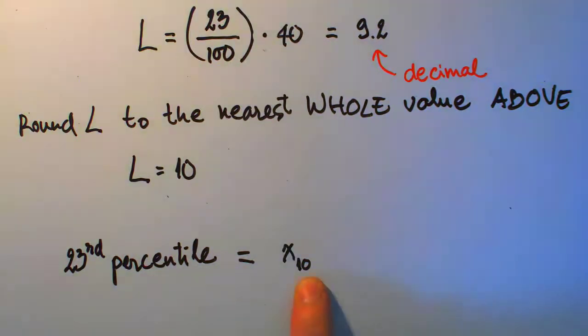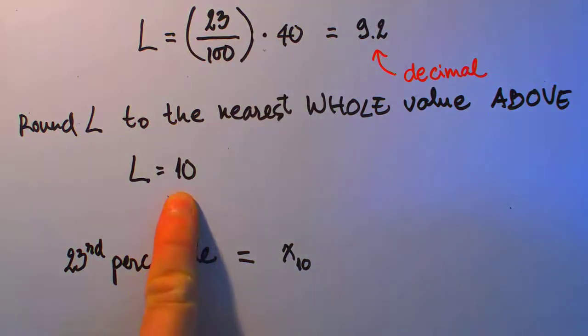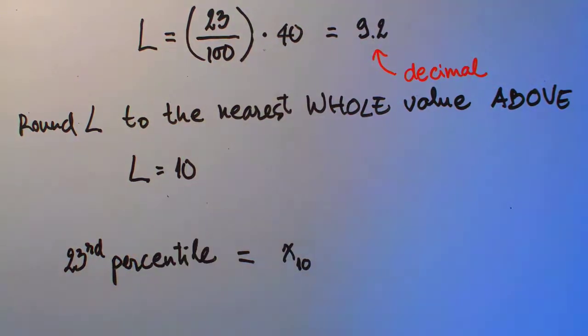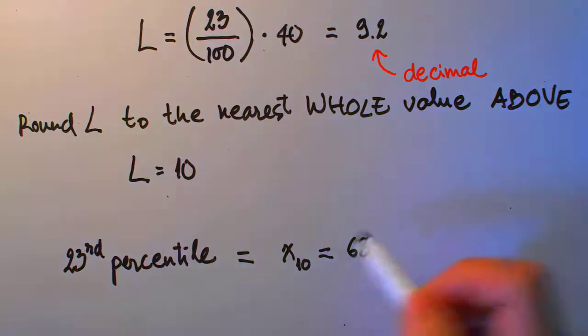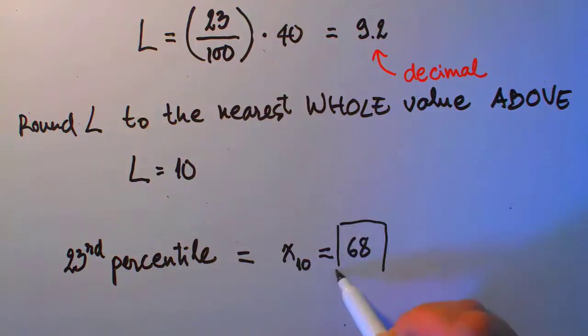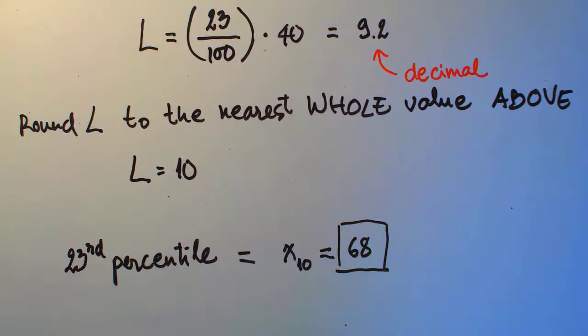Notice this 10th came out because of what the locator was indicating. So the value of the 23rd percentile came out to be the 10th value on my list, which is the value 68 in my data 1. And that's how we found the value of the 23rd percentile of data 1.